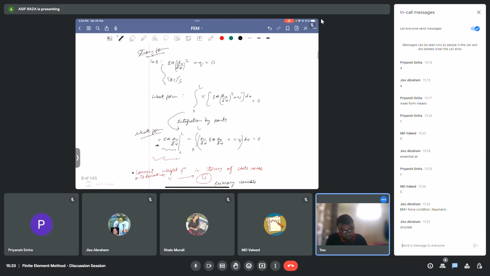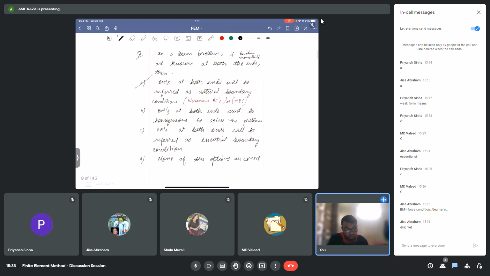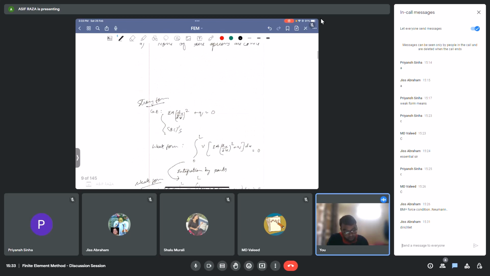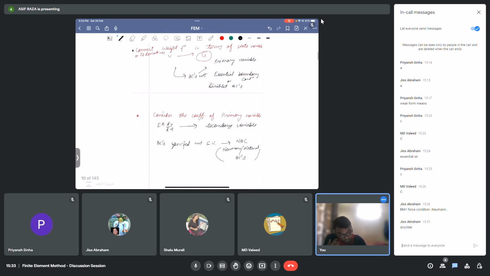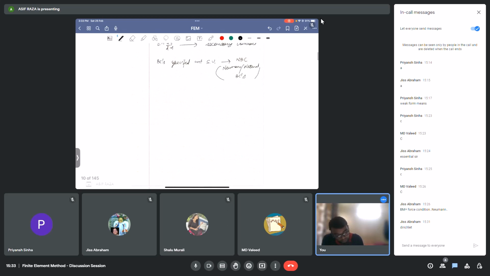In the case of a beam problem, it's a fourth order derivative. It converts into a second order derivative in the weak form.